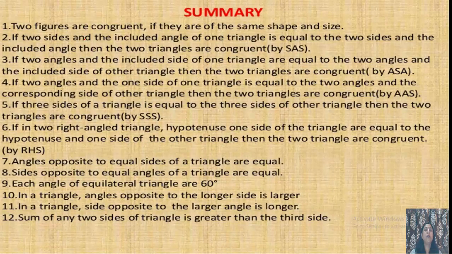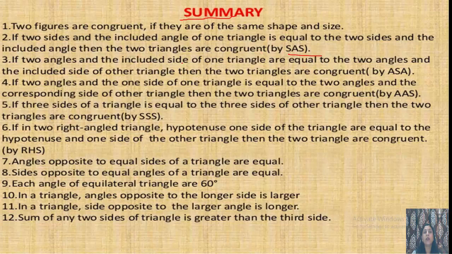Now what we have learnt in this video, it's a summary of that. Two figures are congruent if they are of the same shape and size. If two sides in the included angle of one triangle is equal to the two sides in the included angle, then the two triangles are congruent by SAS.